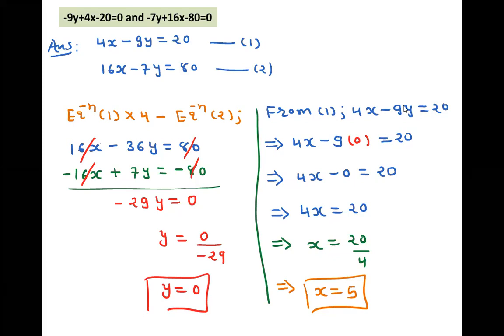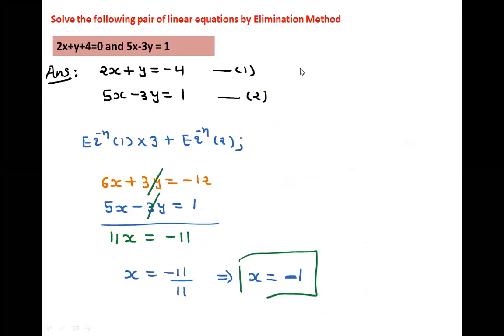Okay, Lulu? Yes, madam. And madam, in question number 1 that we did previously, the answer was x is equal to minus 1. It's okay that you can use any number to find x and y?